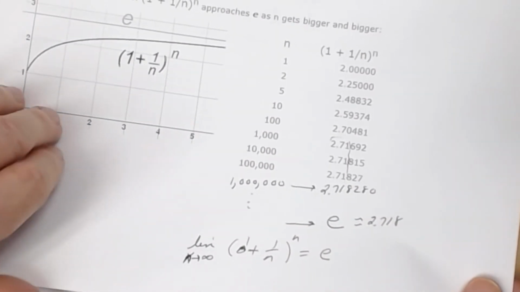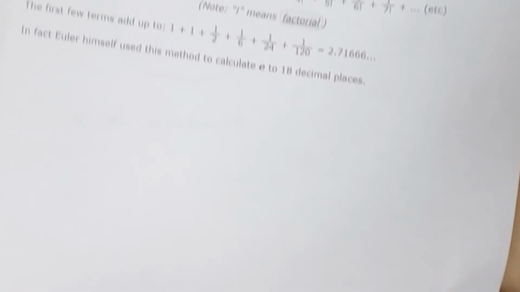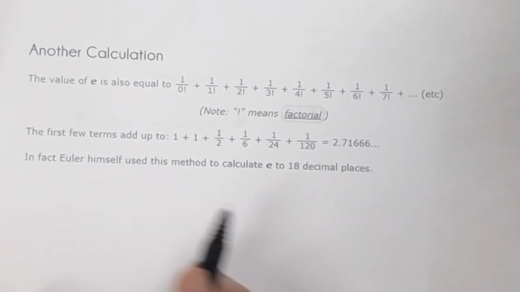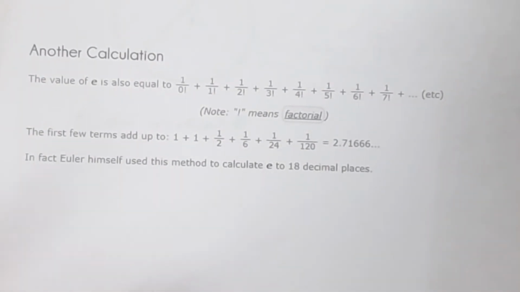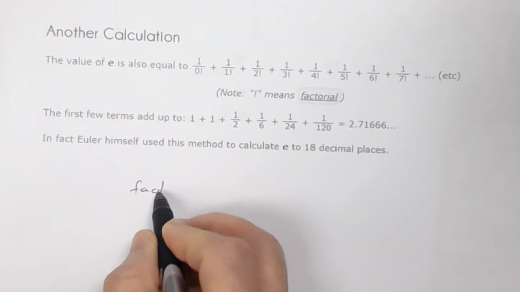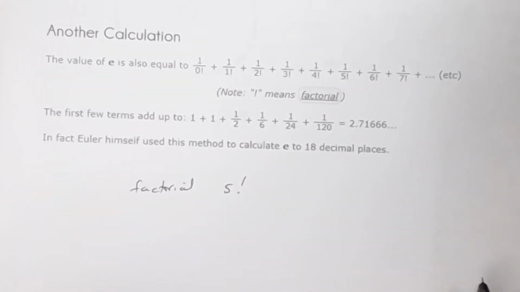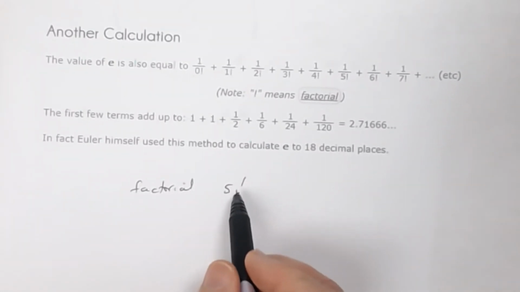Now, the other way you can look at e is this. Remember in a high school course, you may not remember this, but don't worry about it. There's something called a factorial. If you look at this right here, this says 5 factorial. It looks like an exclamation point.